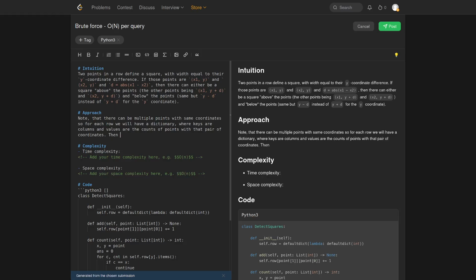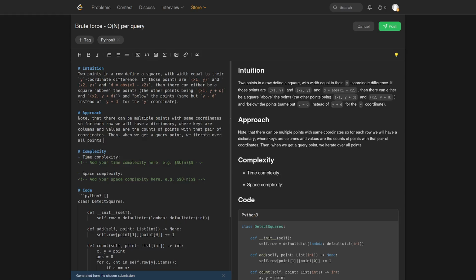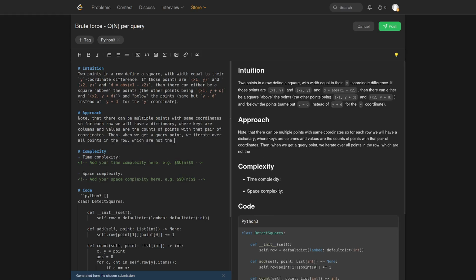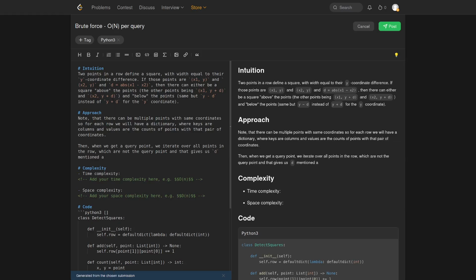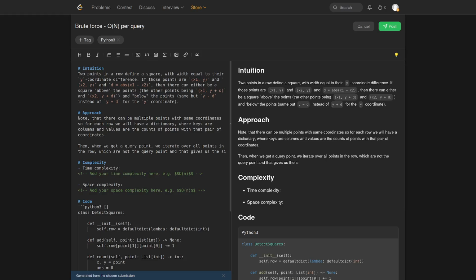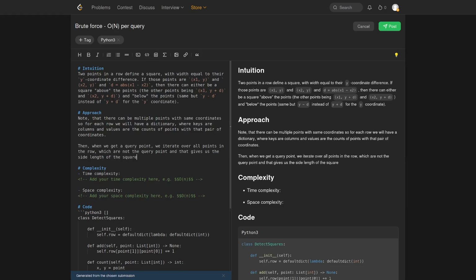Then when we get a query point, we iterate over all points in the row which are not the query point, and that gives us the mentioned earlier length of the square d.